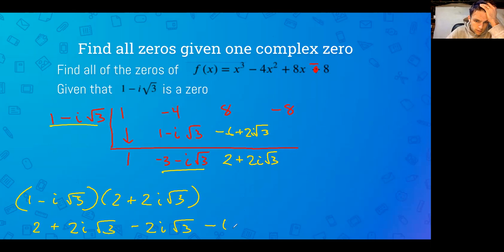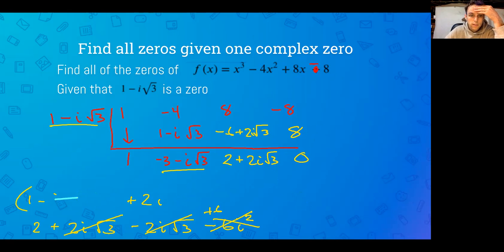So it's going to be negative 6i squared. Okay. That ends up being plus 6. Let me simplify that. So 2 plus 6 is 8. 2i root 3 minus 2i root 3, those actually cancel. So we end up with 8, remainder 0. Perfect. Remainder 0, got that. Now we have our reduced polynomial right there. So I'm going to erase some work here.